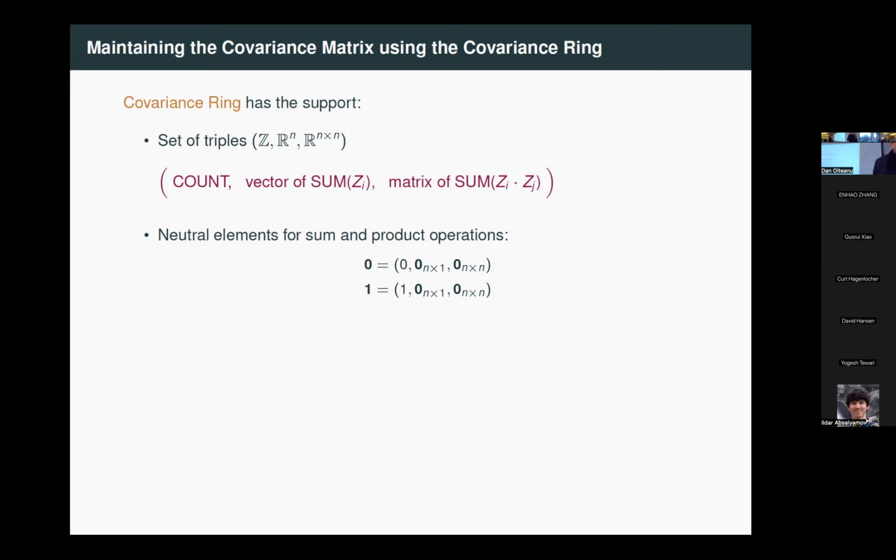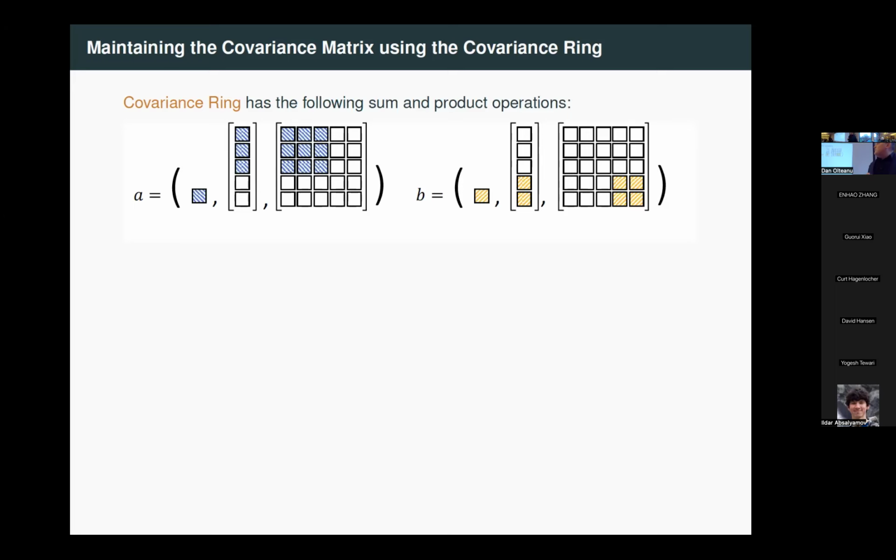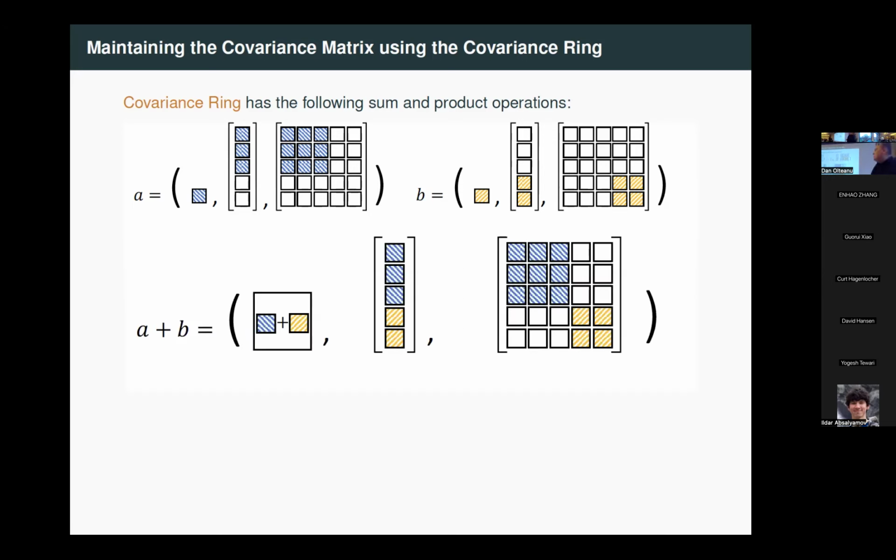So now all we have to do is to define what a sum and a product mean for such elements. And I will show you visually how this looks. So imagine that I have two elements. This is A with the count, the vector, and the matrix. This is B with the count, its vector, and the matrix. How can we do summation? Summation happens like this. We just sum up the counts. We sum up entry-wise the vectors and the matrices.